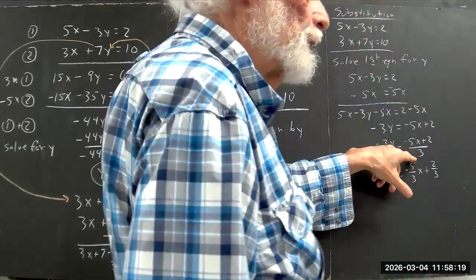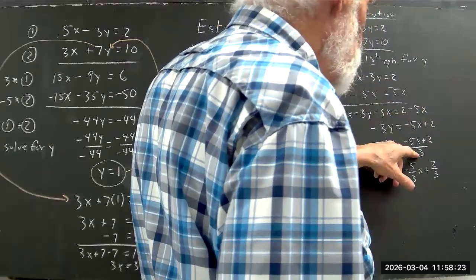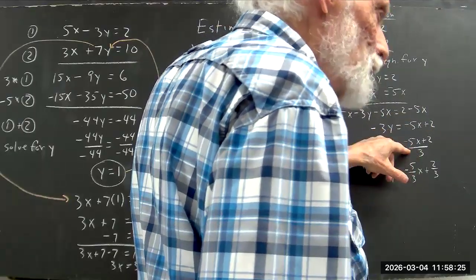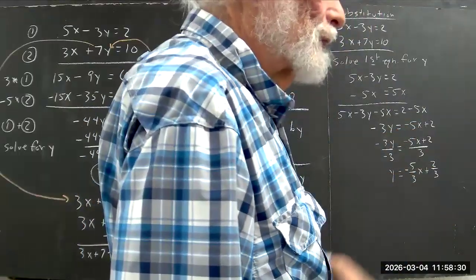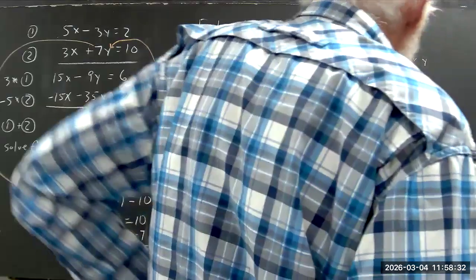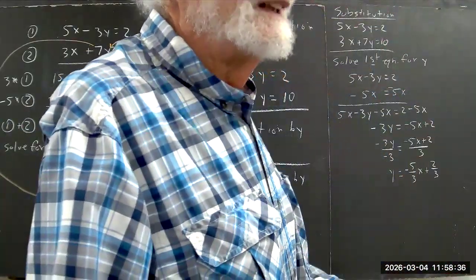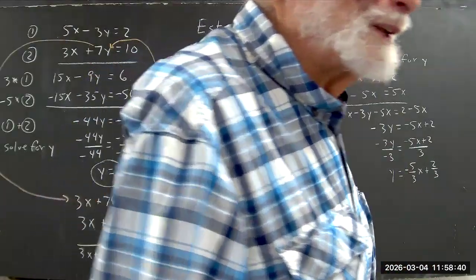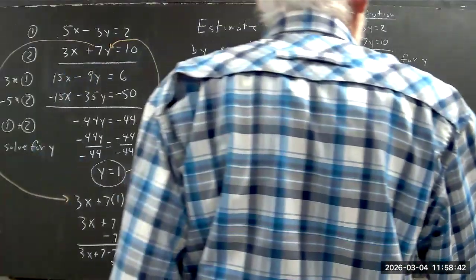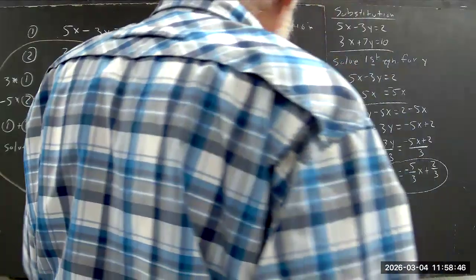When the numerator is negative 5x plus 2, the division by 3 distributes through the addition. Division is nothing but multiplication by a reciprocal. Multiplication distributes, division would darn well better distribute, okay? Well, we've got this solution for y.